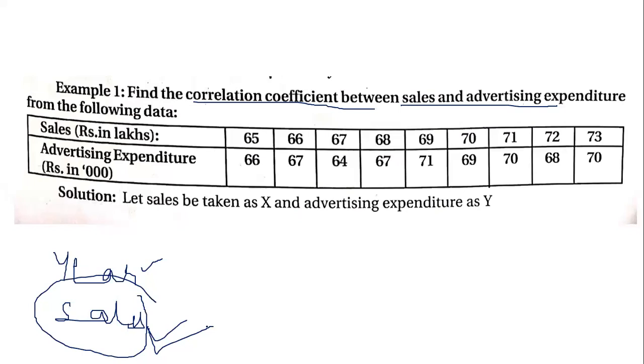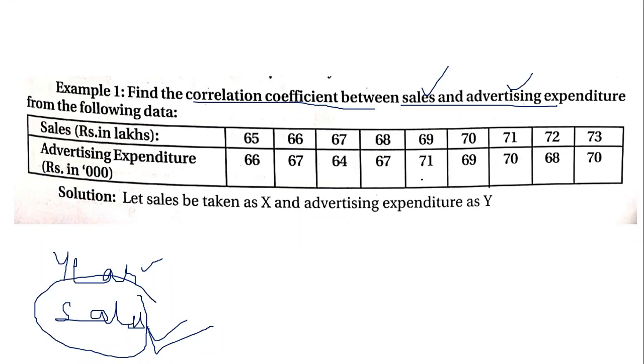But now in correlation and regression, we will be considering two factors at a time. A minimum of two factors is supposed to be considered. So here we are considering sales and advertising expenditure. Now, if we advertise more by spending money, will our sales increase or decrease? That is what we are trying to arrive at by using correlation.